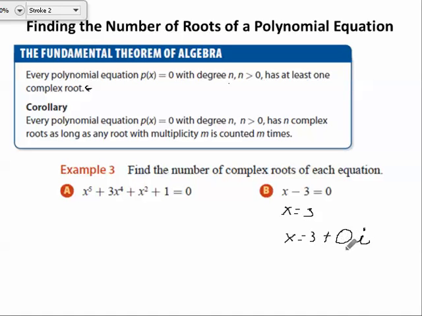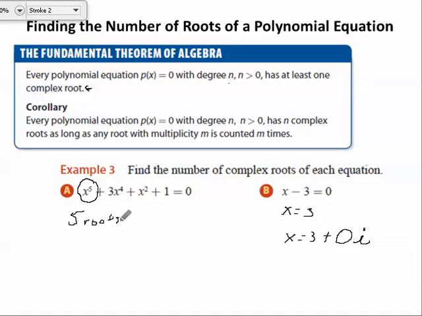That still fits with the zero property: multiplying by 0 gives me 0. That would be the complex root of this one over here. How about this one? How many roots are there going to be? It's degree 5, so there are going to be 5 roots.